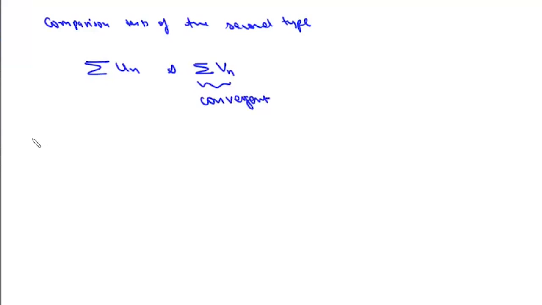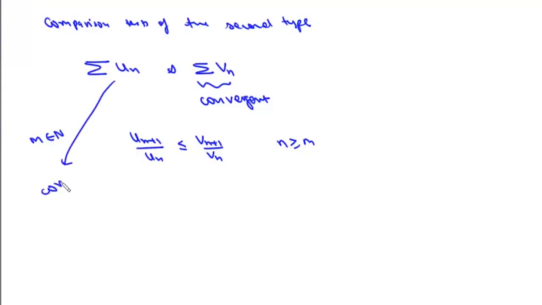Then if there exists a natural number m such that un plus 1 upon un is less than or equal to vn plus 1 upon vn for all n greater than or equal to m, then we'll say this series summation un will also be a convergent series.